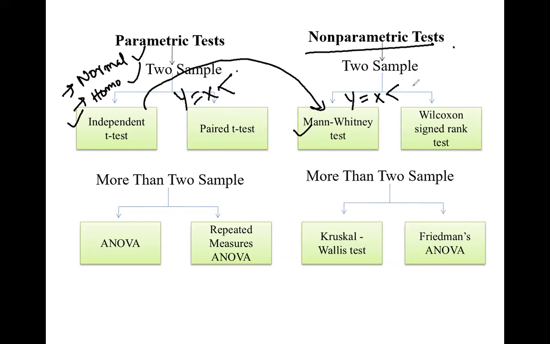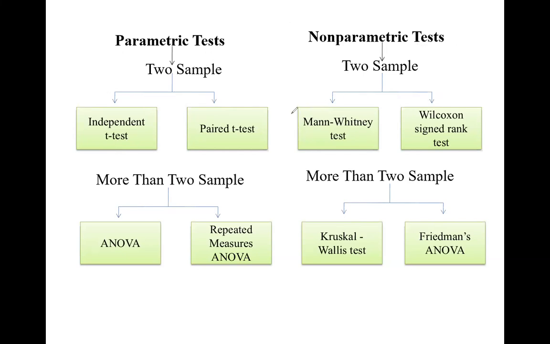So here we will compare the mean rank of the two groups. So Mann-Whitney is the same as the independent t-test. Why am I using the non-parametric Mann-Whitney test? Because my data is not normal, not homogeneous. That is why I am using the Mann-Whitney U test.